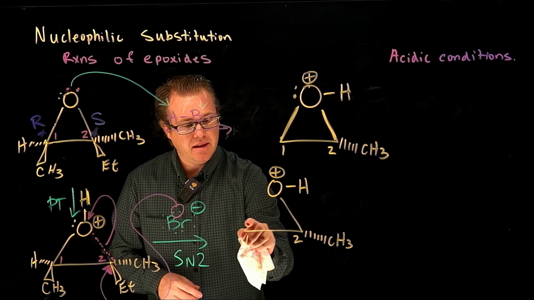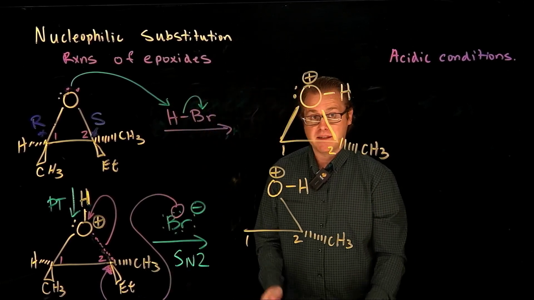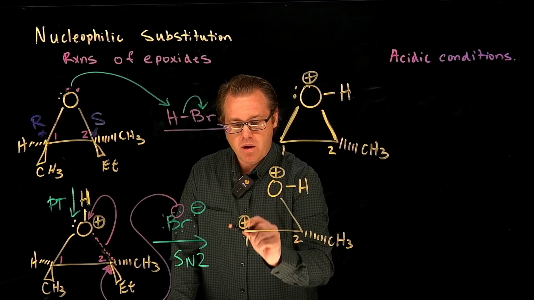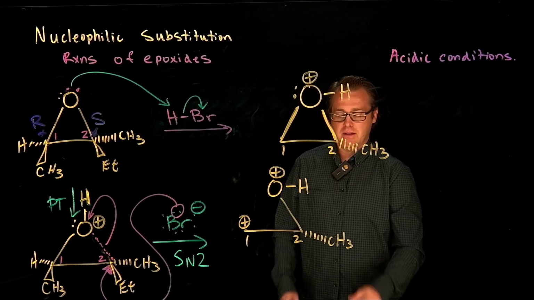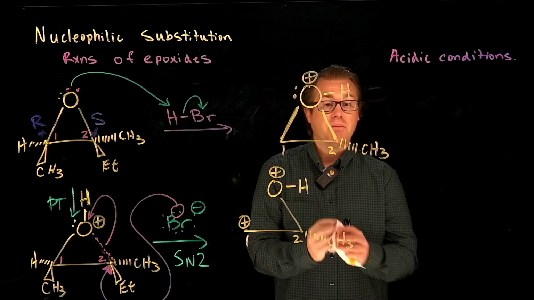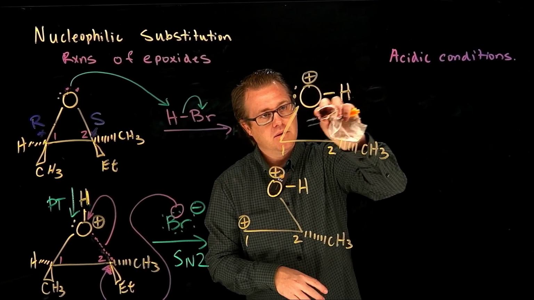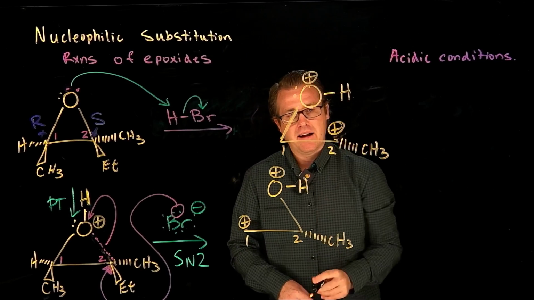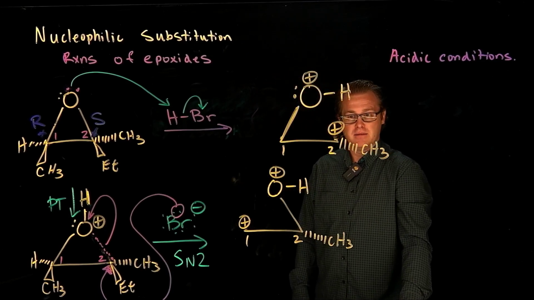If we completely break it, now I'm being very clear on this, it doesn't happen this way. We would get what? A primary carbocation. Right? Let's contrast though. What if we decided to completely break the oxygen carbon 2 bond? We would get a carbocation there, and then we would have a secondary carbocation.